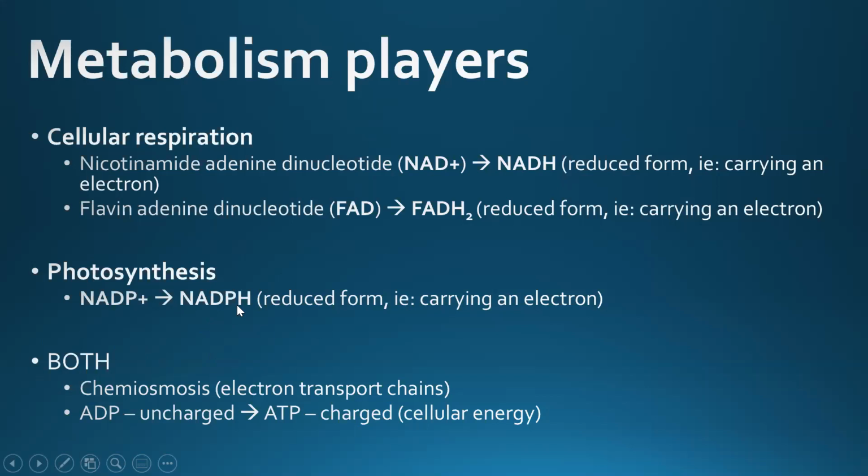In both processes, you're going to see similarities, okay? First, both processes involve chemiosmosis, which is basically you're going to have electron transport chains. And then in both processes, you're going to have ADP turned into ATP.